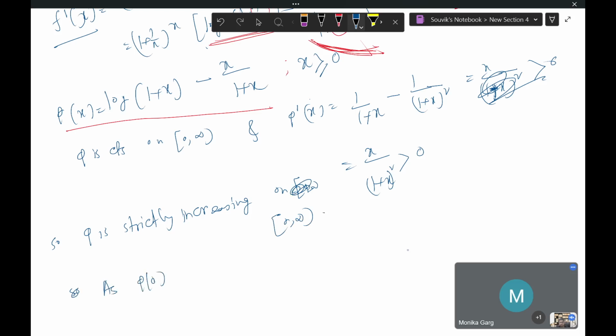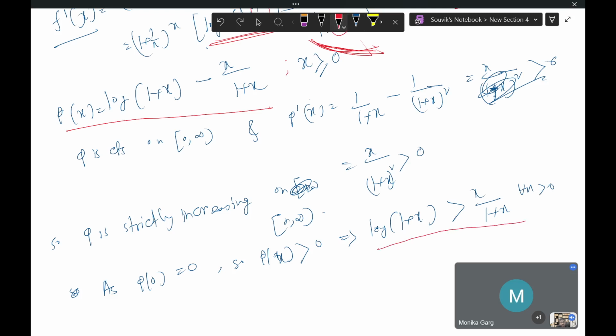As phi 0 is equal to 0, phi x is greater than 0, and this implies log of 1 plus x is greater than x by 1 plus x.